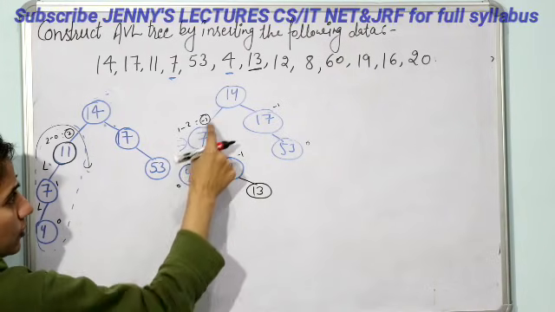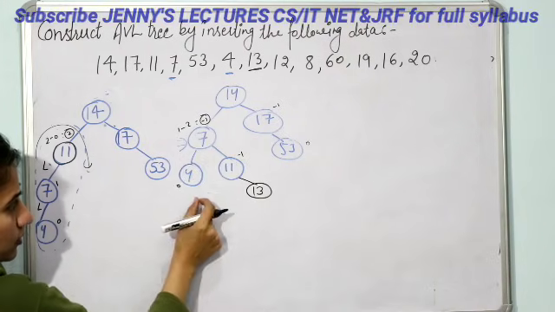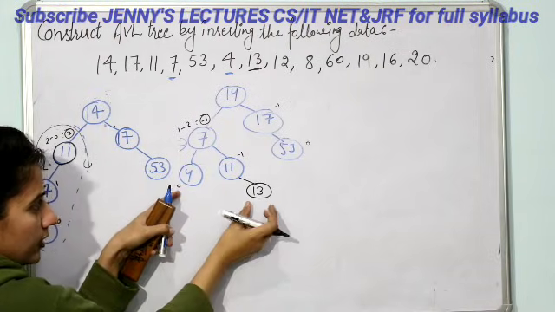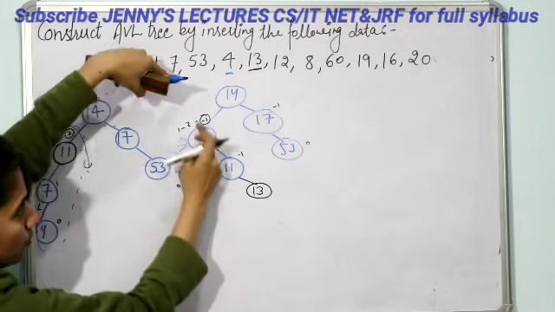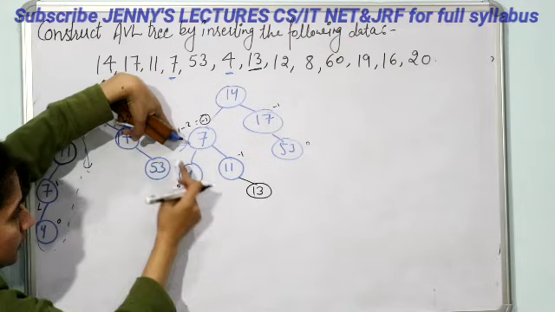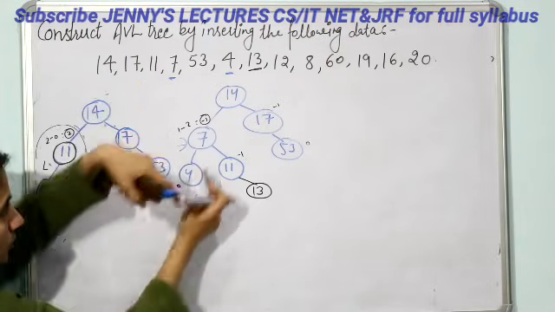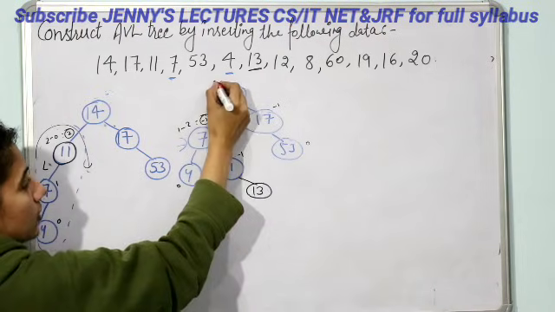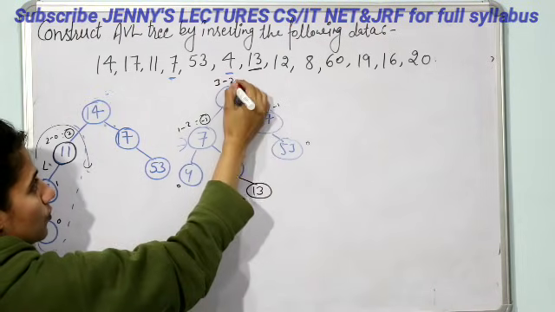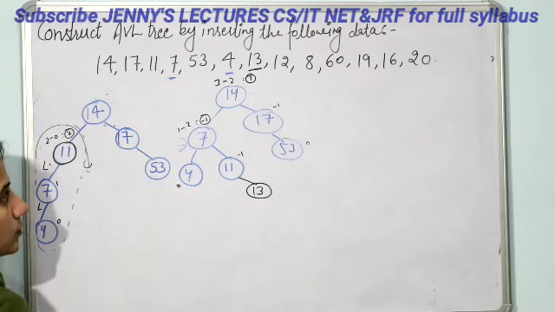See, you can't say 1 and 2, that is the height, because you are supposed to go to the leaf node. You have to see its height. So from here it is 1, from here 2, and from this node to the leaf node 3. 1, 2 and 3. 3 minus 2, 1. So obviously this tree is balanced.